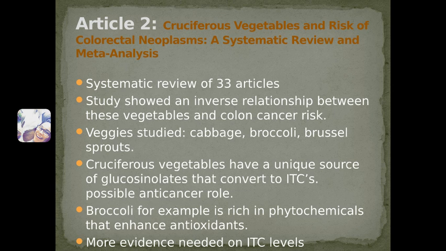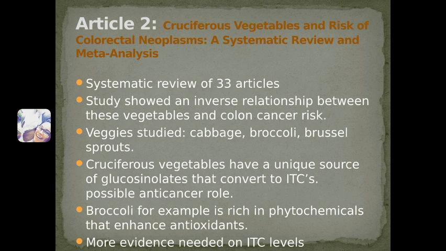So ITC is isothiocyanate. The mechanisms of this isothiocyanate include inhibition of carcinogen activating enzymes, inhibition of angiogenesis, induction of apoptosis, and arrest of cell cycle progression. So pretty cool.